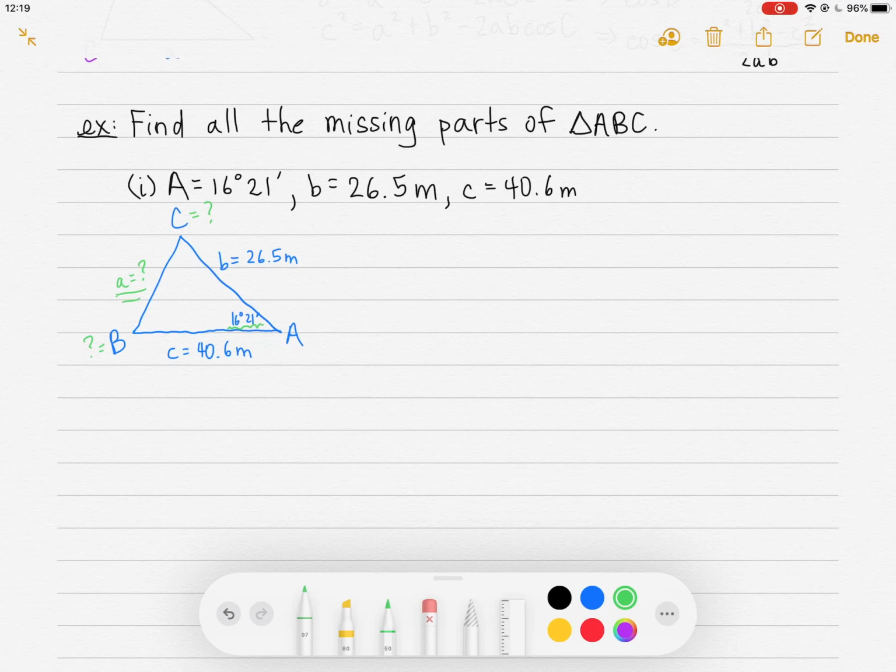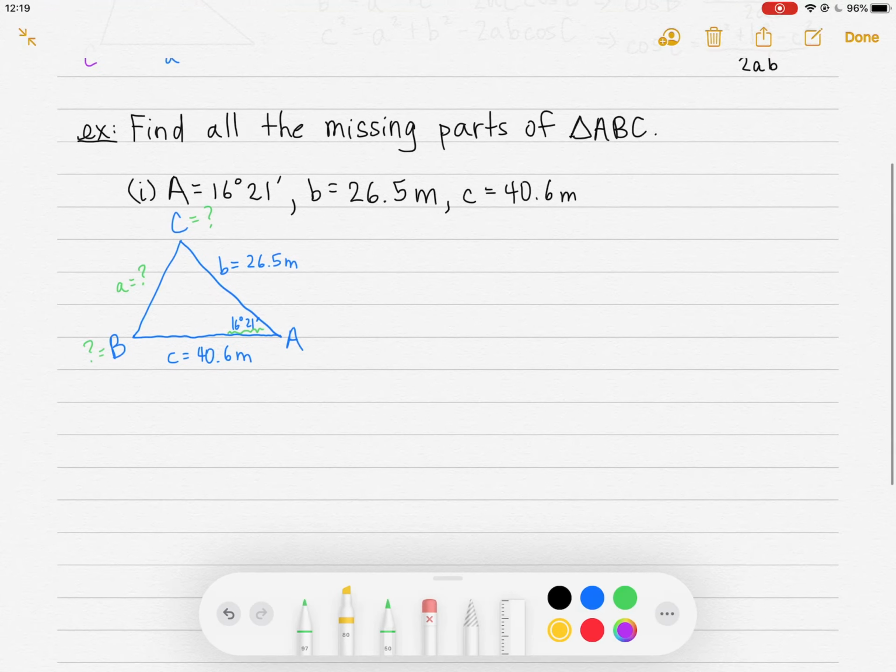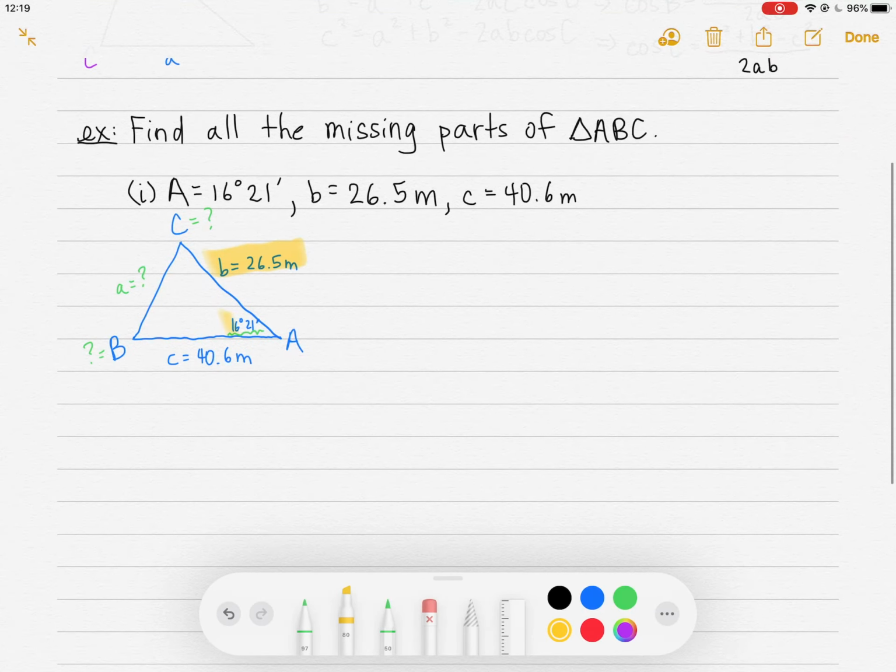Since we're only given one angle here, we don't have enough information to find big B or big C right now. And when we are given side angle side, that is what's going to tell us to use the law of cosines. I am going to write that in a little summary at the end.